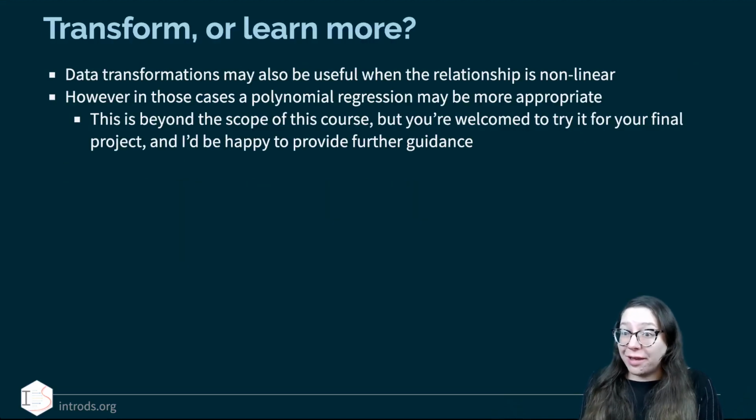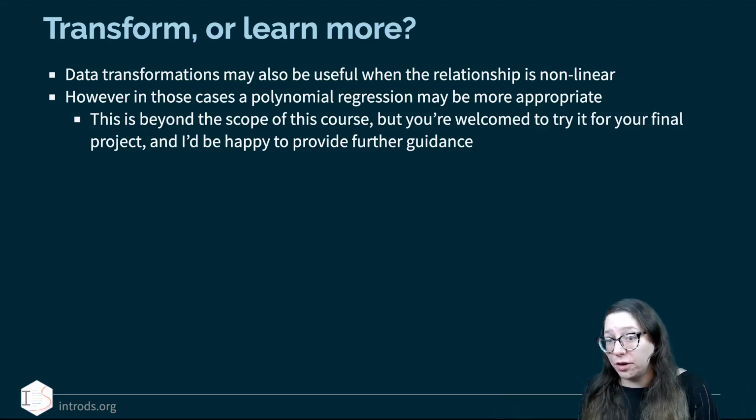So should we be transforming or should we be learning more? These data transformations may also be useful when the relationship is nonlinear, but in those cases, a polynomial regression might actually be more appropriate. So in this course, we're going to be focusing on linear models. Something like a polynomial regression is a little bit beyond the scope of what we're going to be covering here.